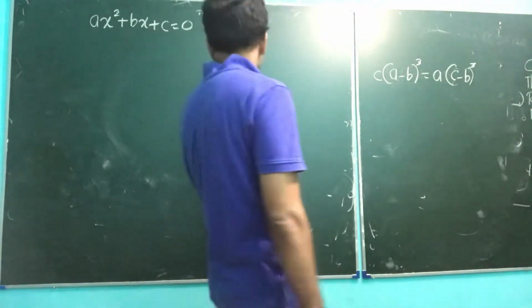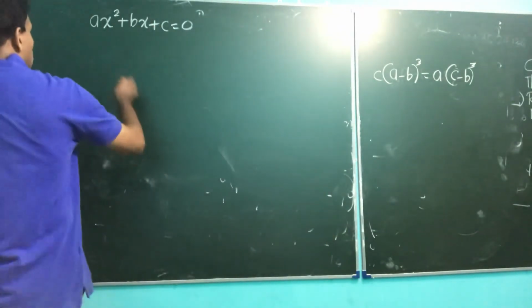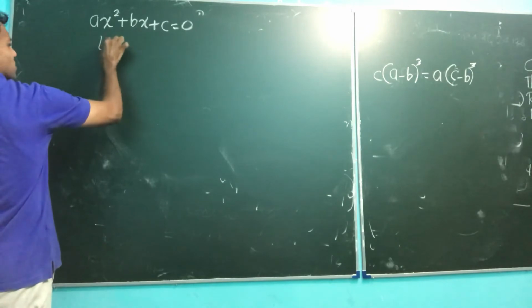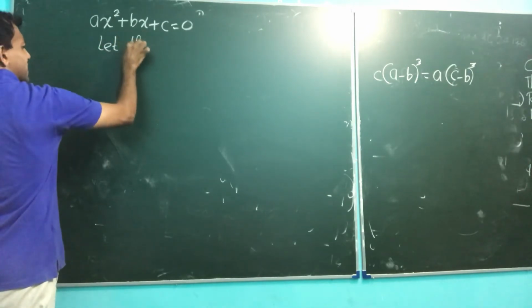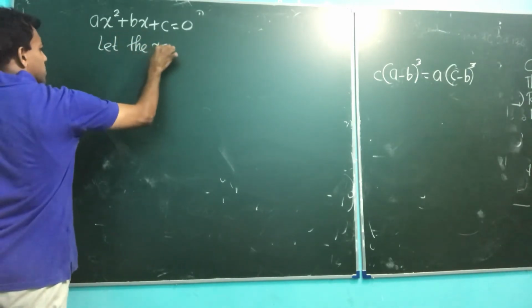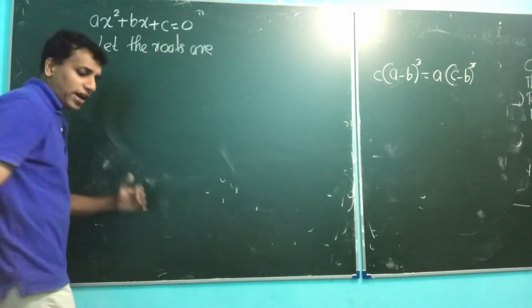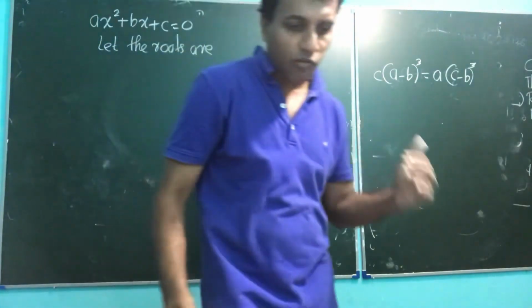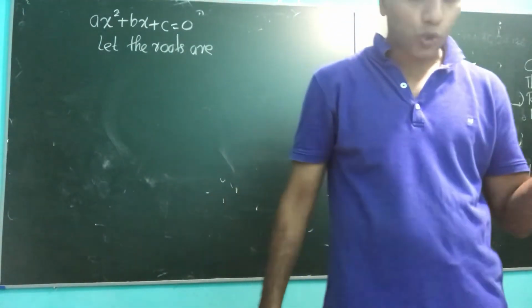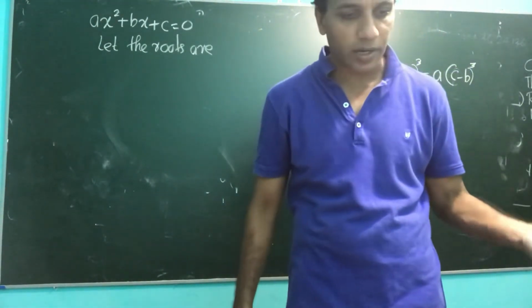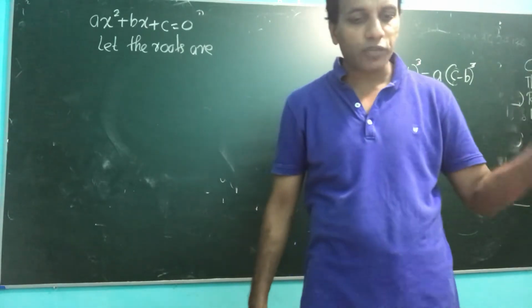So let the roots be, say, one is 5, the other one is 25, right? Alpha and alpha square. If it's 20, the other is 400. One root is the square of the other.